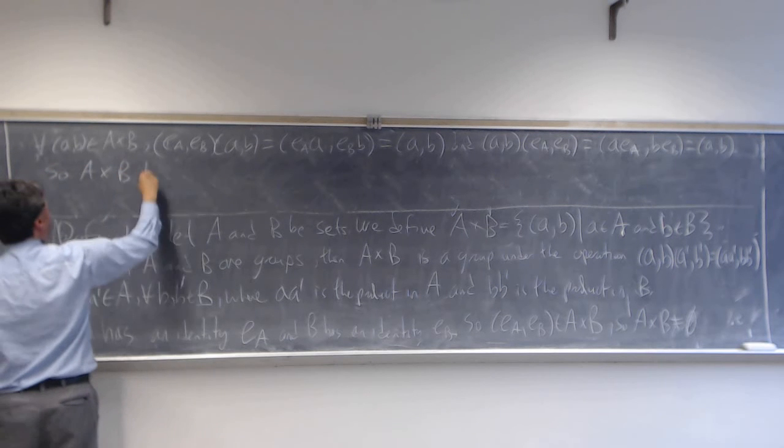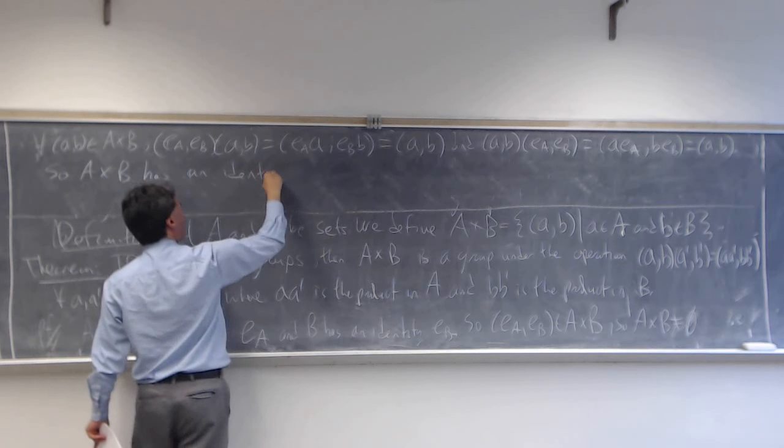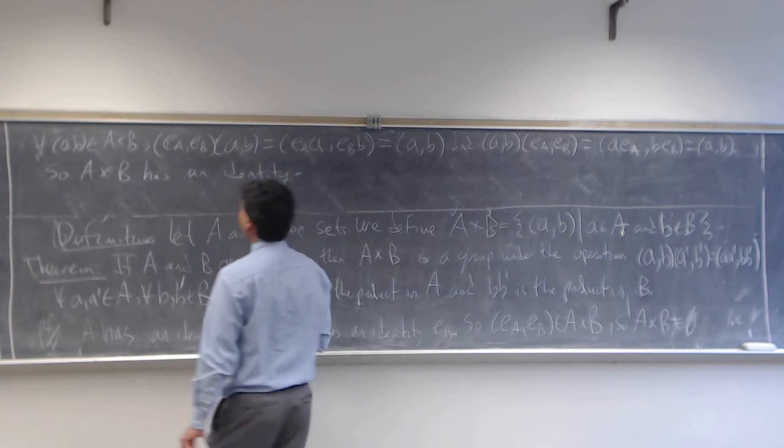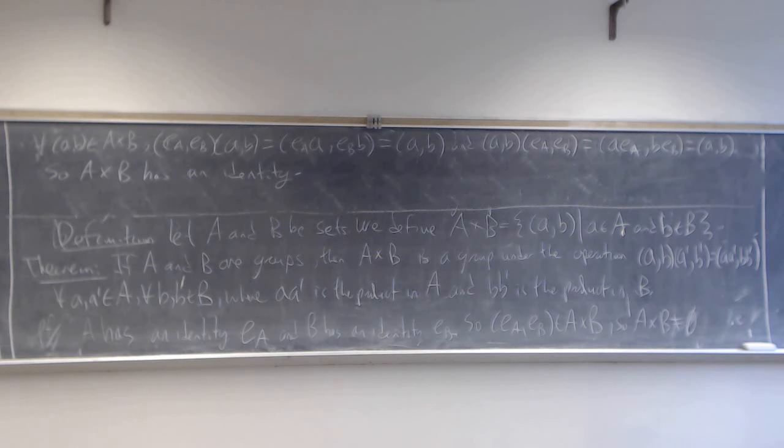So A cross B has an identity. What about an inverse?